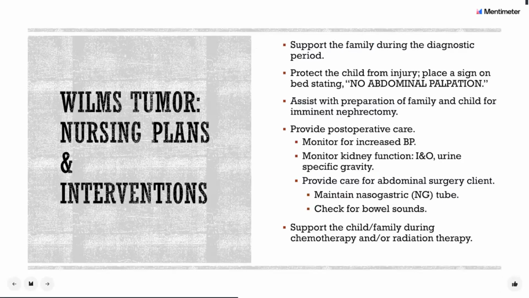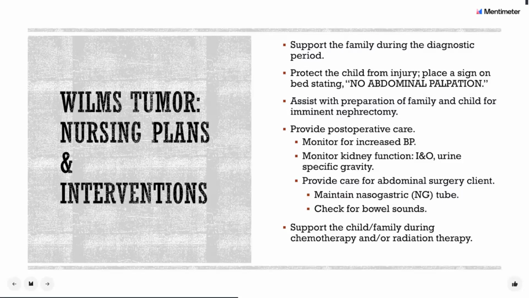Most importantly with these kids is we do not want to palpate their abdomen. So they will have a sign above their bed that says no abdominal palpation. We want that capsule to stay intact because it is holding those cancer cells safe. So it is keeping them in one confined location and not letting them free flow through our entire abdominal cavity.